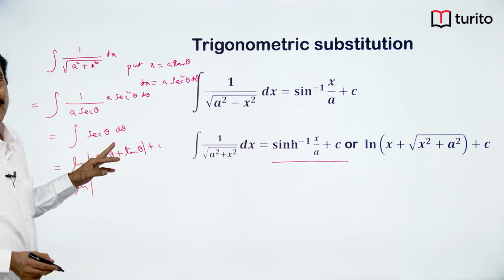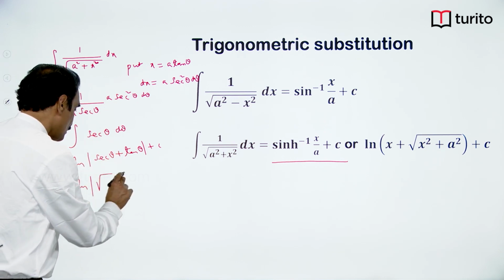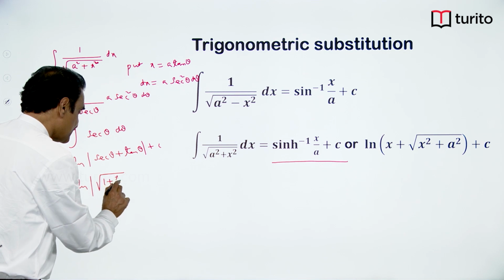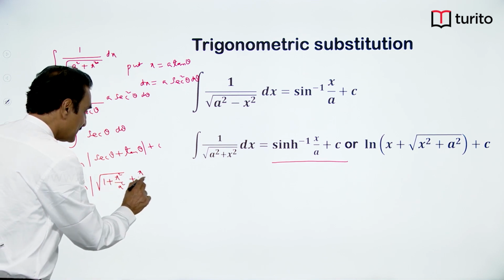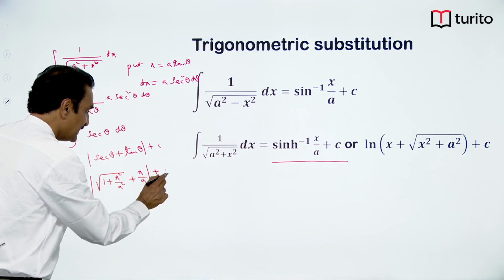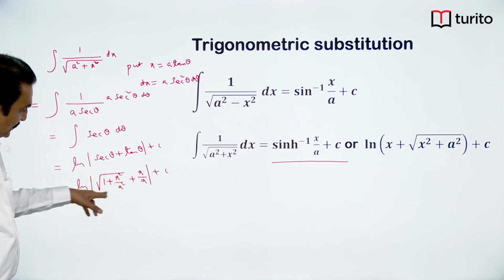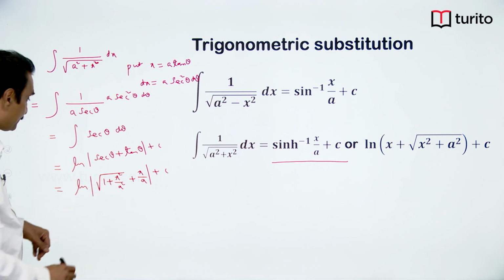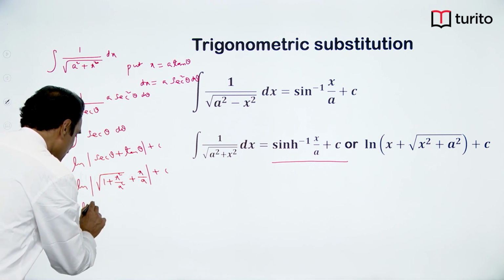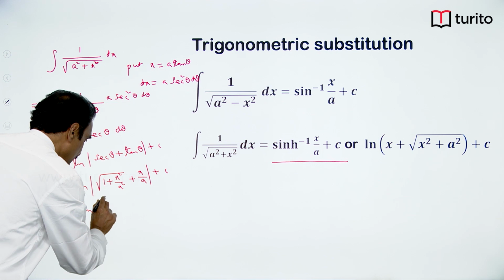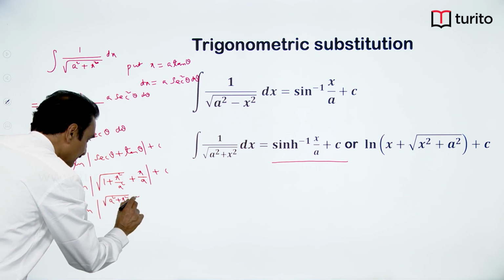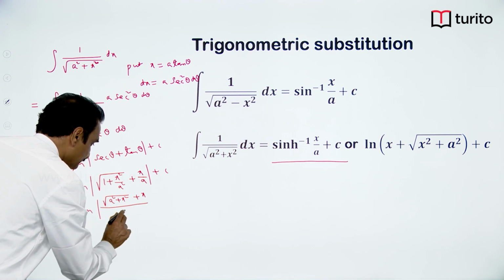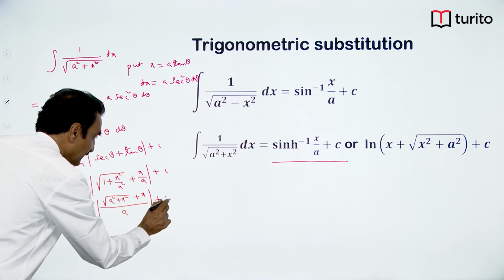Root over 1 plus tan square theta, that is root over 1 plus x square by a square, plus x by a plus c. Now, taking an LCM, it becomes ln of root over a square plus x square plus x by a plus c.